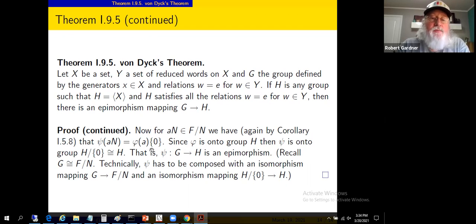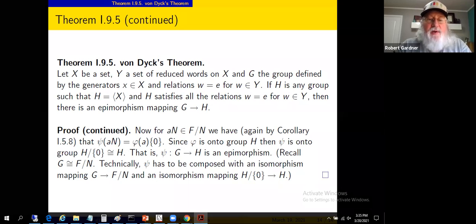So psi is onto, and we get all cosets of H, all left cosets of H over here, as a runs through all of its possible values as elements of free group F. So psi is onto this quotient group. Of course, this quotient group is isomorphic to H itself. We then have, I need a few details on the following claim. We've got psi mapping G to H is an epimorphism as required, an onto homomorphism.